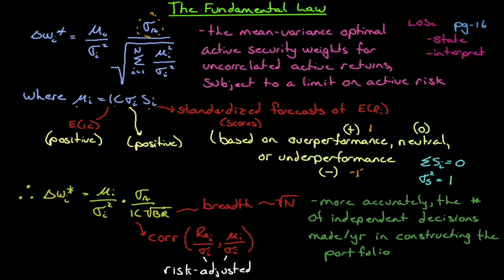So if I had really outperform, outperform, neutral, underperform, and really underperform, the sum of all the scores adds to 0, and the variance is still 1.